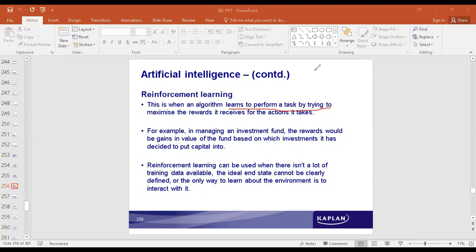Either it is reinforcement learning, or supervised learning, or the algorithm itself is built in such a way that it understands what's the next course of action, what's the pattern, all that. The machines are now built in such a way that they are able to react like human beings.